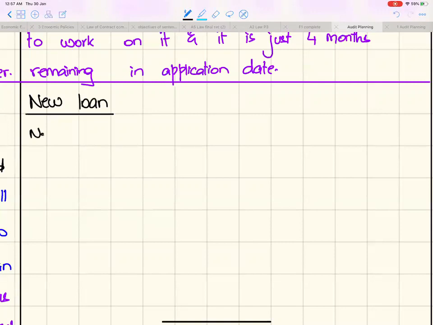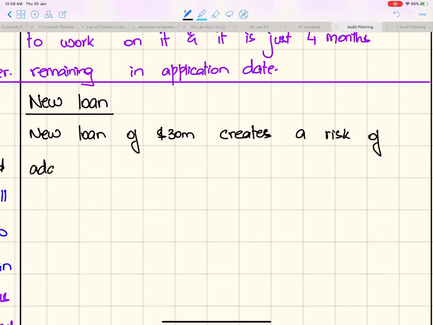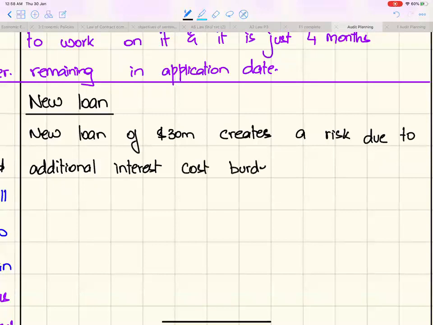A new loan of $30 million creates a risk due to additional interest cost burden.